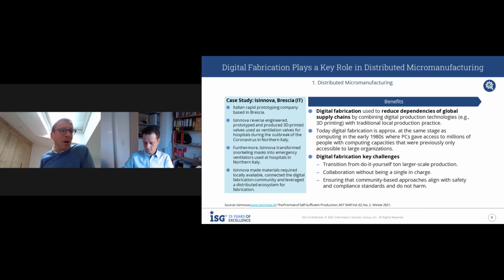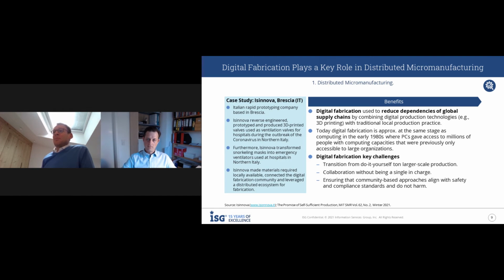I mean, the common denominator, I would say, is a close integration with the local community, which makes you more independent from global supply chains, and which also increases the identification with the ecosystem partners, because they are more or less all your neighbors. The interesting part is, if you are taking this to scale, there are some challenges.